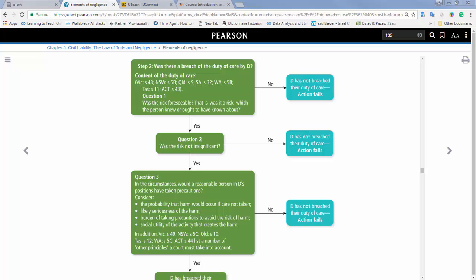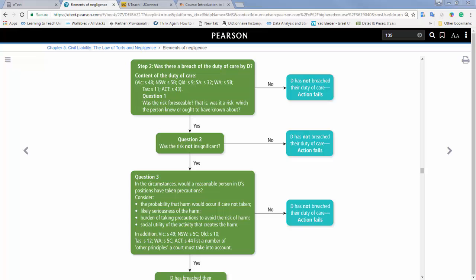There are also other principles a court must take into account. We're not going to go through these in much detail, but the reference to these, for example in Queensland, is section 10 of the CLA. Remember that all of these civil liability acts are available to you for free on the internet.